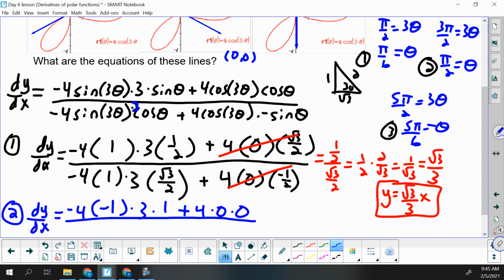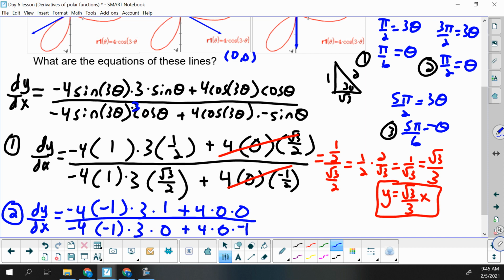In the denominator, we're going to have negative 4. We'll have the sine of 3 pi over 2 again, which is just negative 1, times the 3, and this time we have cos of pi over 2, which is 0, plus 4 times cos of 3 pi over 2, which is 0, times the negative sine of pi over 2, which would be negative 1.